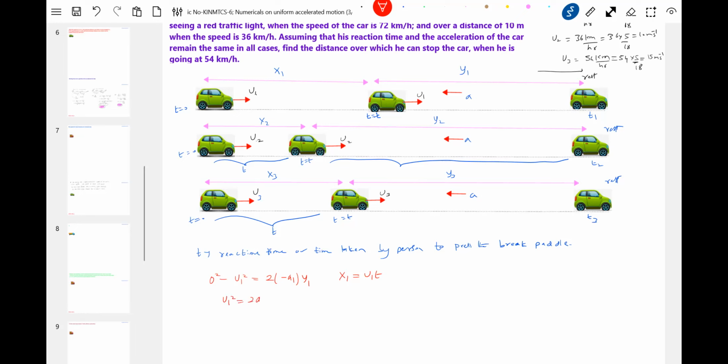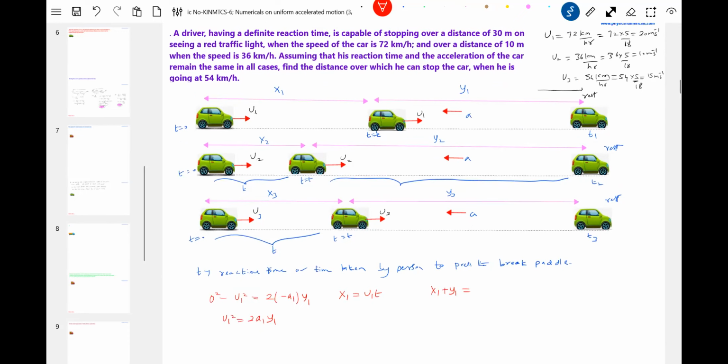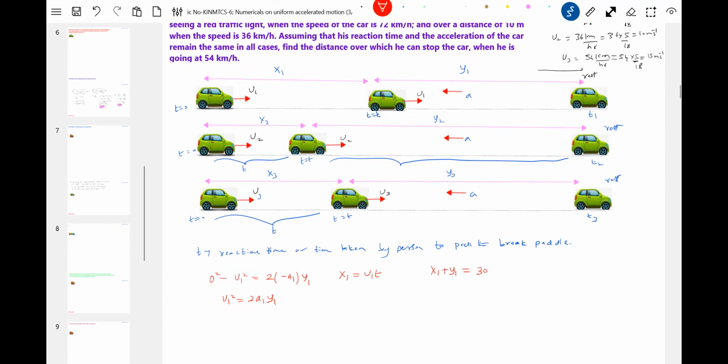U1 square equal to 2A1 Y1. This equation is going to help us a lot. Now we know X1 plus Y1 is given as 30 meter. So write it. What is X1? U1T. What is Y1? U1 square by 2A is equal to 30. Equation 1.